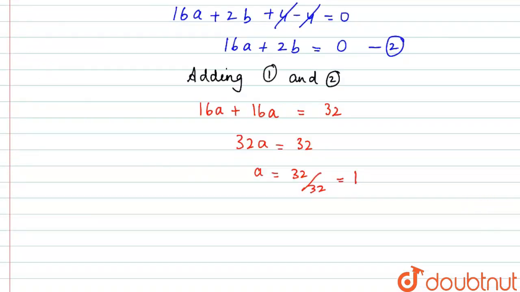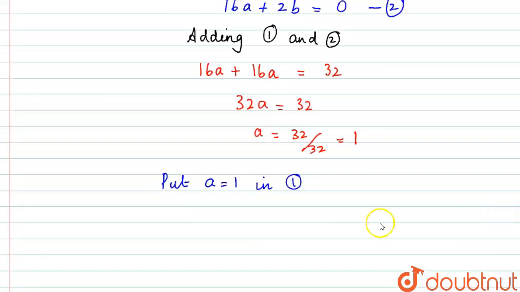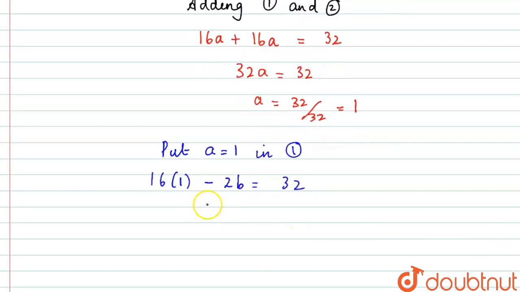Now if we substitute it in any of the equations, we'll get the value of b. So we'll put a equal to 1 in equation 1. So equation 1 is 16a, so we can write it as 16 into 1 minus 2b is equal to 32. So this will be minus 2b equal to, we'll bring 16 to the other side, so this will be 32 minus 16.